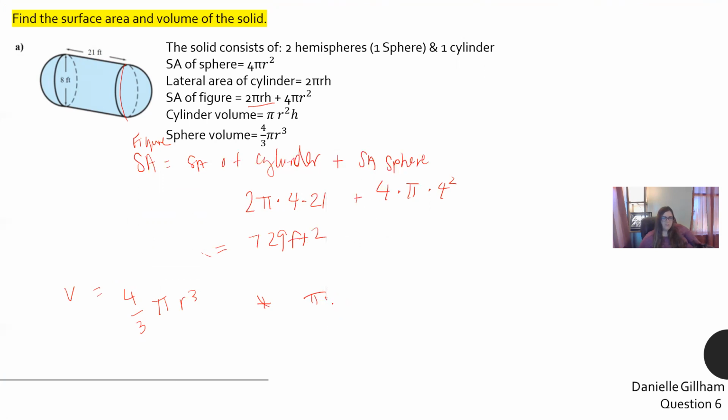Now, volume of the sphere is 4/3 times pi. Radius is 4, and it's cubed. Plus pi times 4 squared times 21 for a height. And that's going to equal 1,324 feet cubed. And that's our volume.